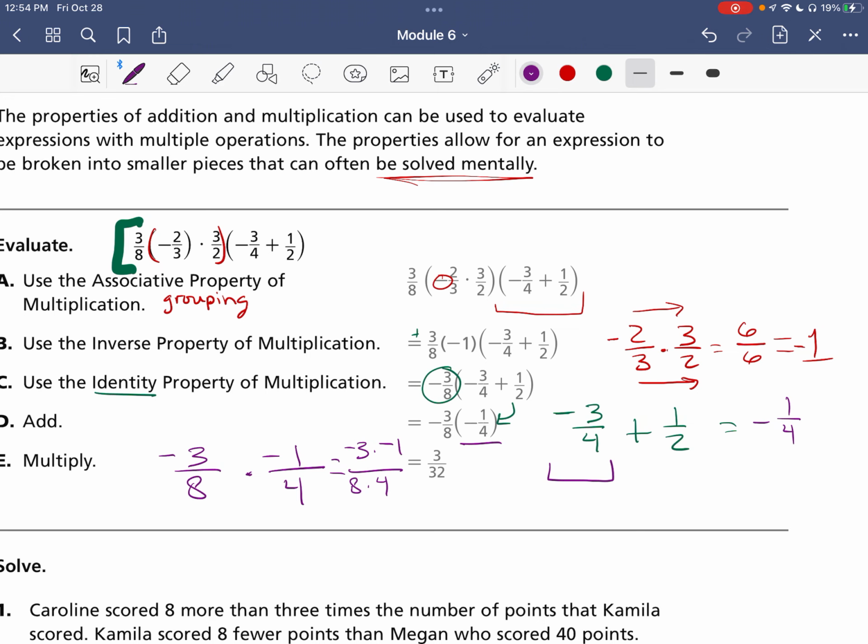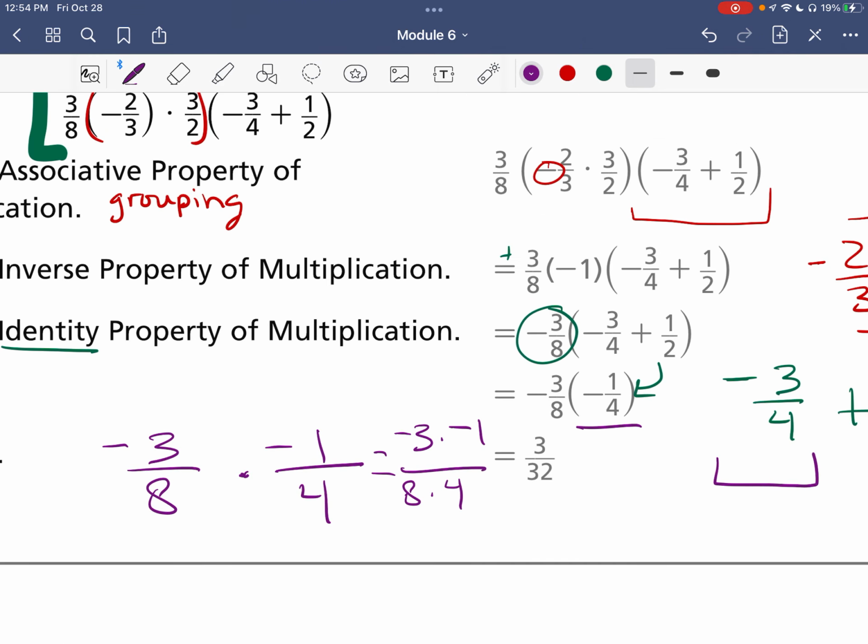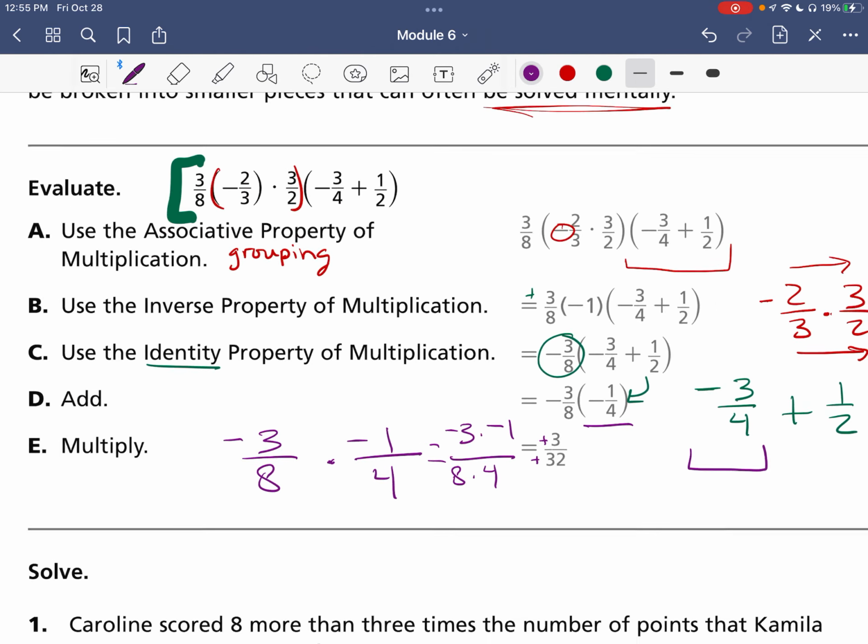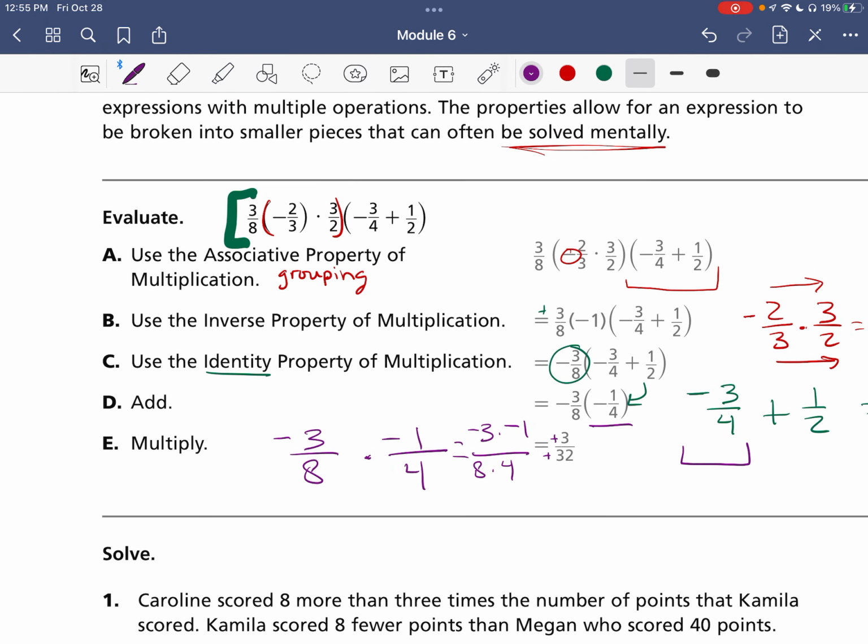So in our numerator, -3 times -1 will get us +3, and 8 times 4 in our denominator will get us +32. And that will be our final answer to simplifying this expression.